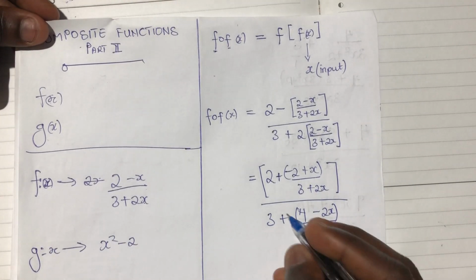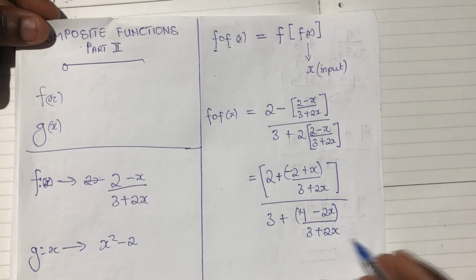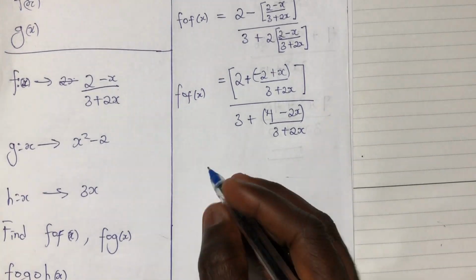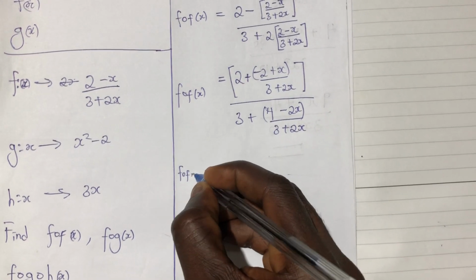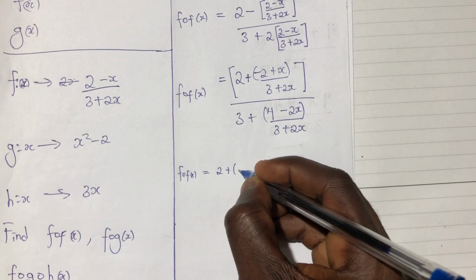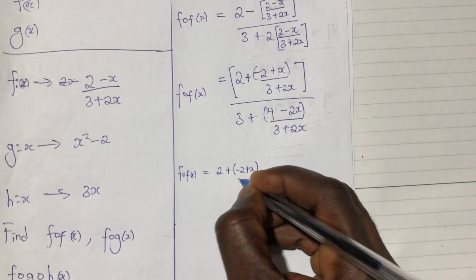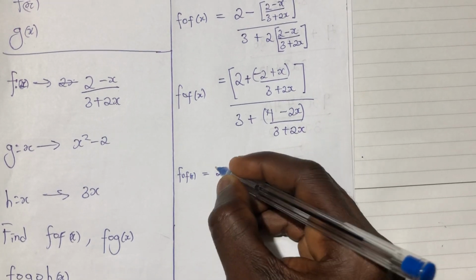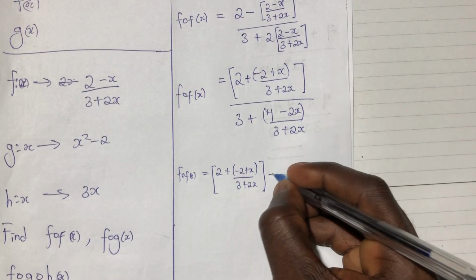Alright, so we know this is over 1, this is over 1, so we can rewrite this by saying f of f of x equals 2 plus into bracket minus 2 plus x all over 3 plus 2x, and then separate this. Then I bring my division sign here.